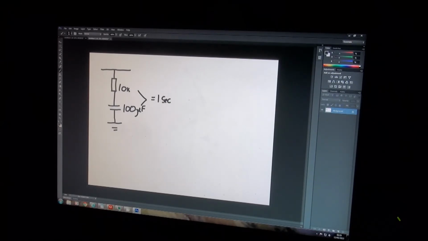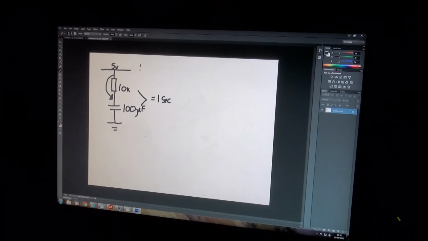Now, where current's concerned, this is important because we need to find the maximum current in this circuit. At the instant of switch on, all of the current in this circuit depends upon the voltage dropped across this resistor. In our other circuit, we have 5 volts dropped across this resistor.